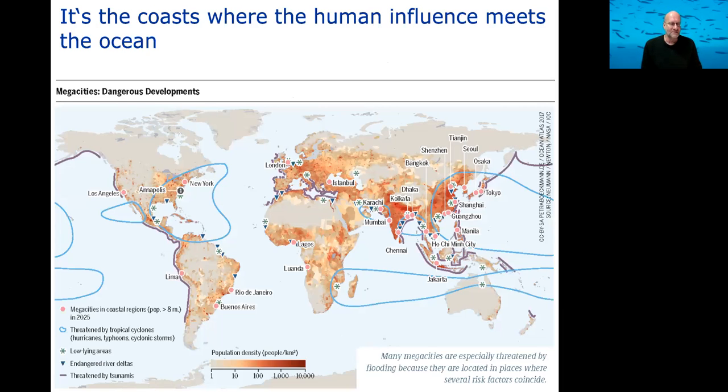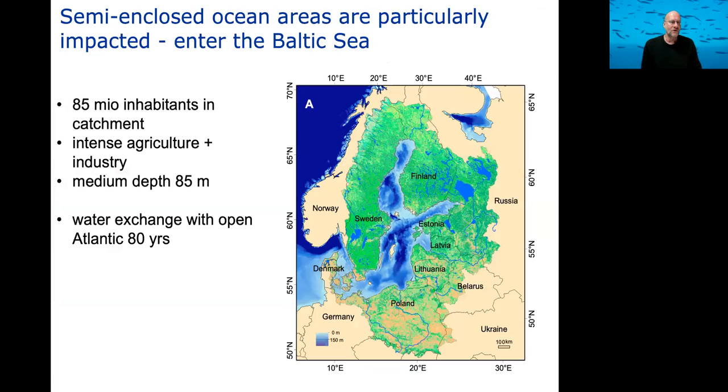And what does that mean then in turn for ocean basins that are surrounded by coastline and by very intensely populated areas, such as the Baltic Sea in Northern Europe? That means that we would predict that those oceans are particularly exposed to a diverse set of human pressures, and that's exactly the case with the Baltic Sea.